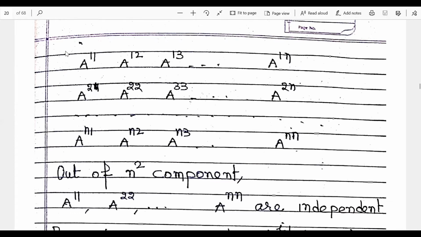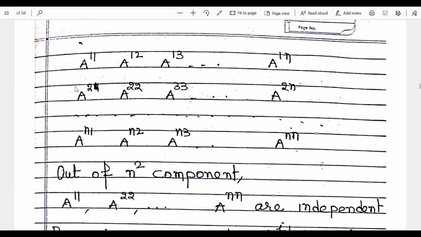Now from these n square components, the diagonal entries, where i and j are equal, are independent components. Why are these independent? Because the others satisfy the symmetric property.